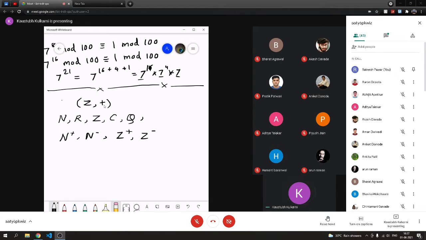So this is the set of integers defined along with the operation of addition. Then we can have Z minus with any such operation. This is the structure.